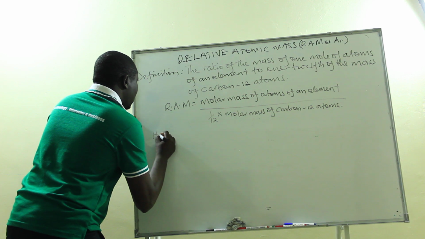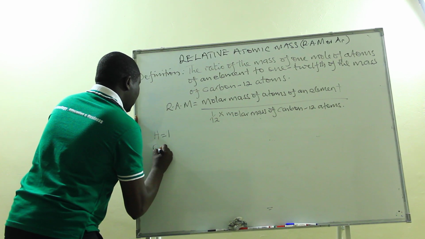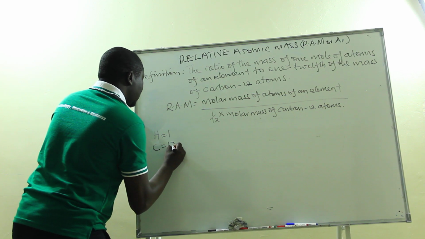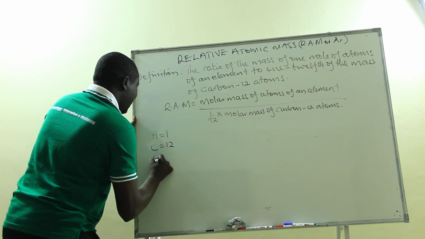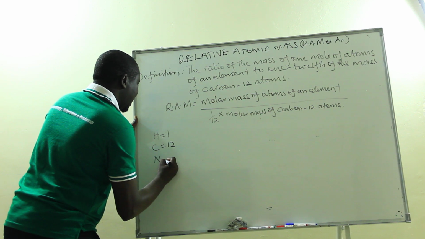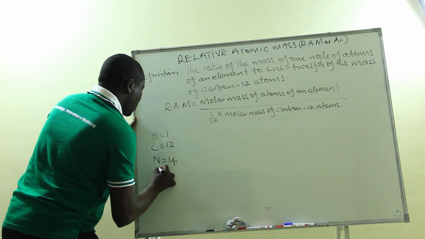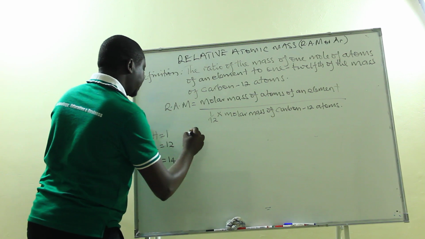Hydrogen has got a relative atomic mass of 1. Carbon has a relative atomic mass of 12. That is for carbon 12. Then we have nitrogen, which has got a relative atomic mass of 14. Oxygen has a relative atomic mass of 16.